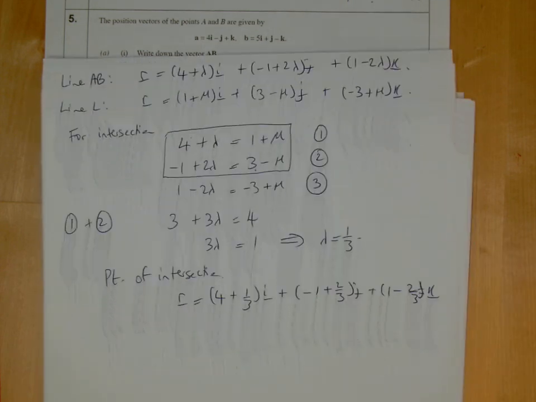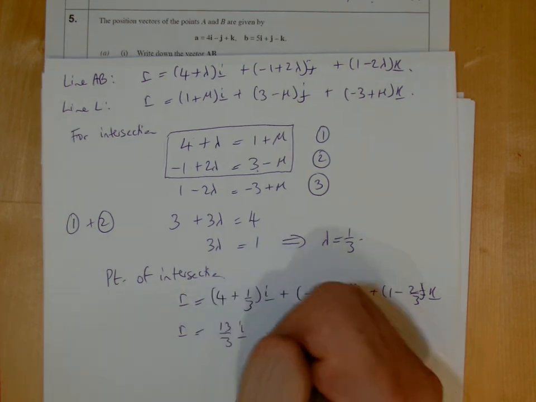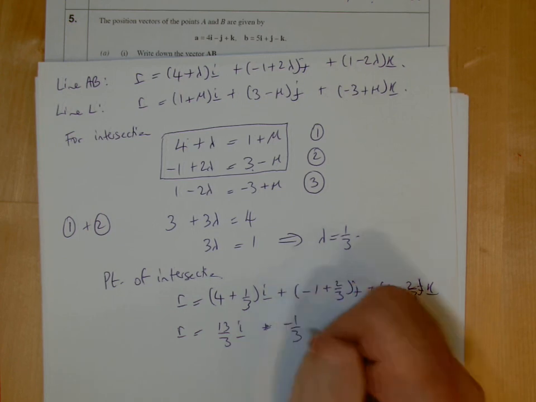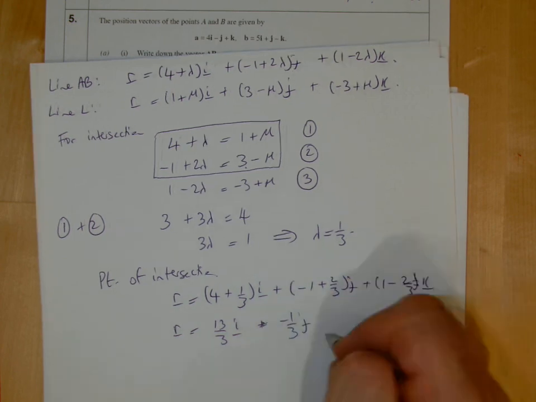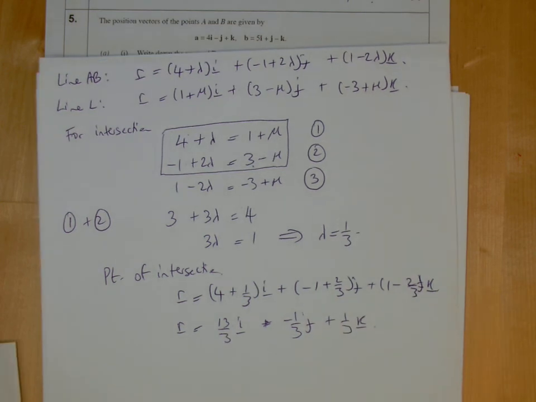Okay, so I get this here. All you've got to do then is work that out on your calculator. So that'll be 13/3 i, minus 1/3 j, and 1/3 k, and we've got our point of intersection.